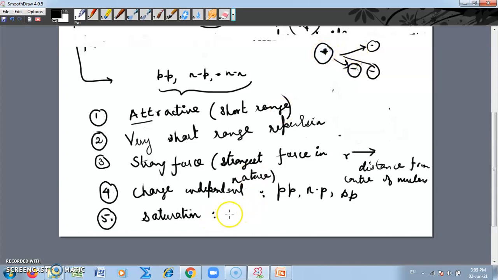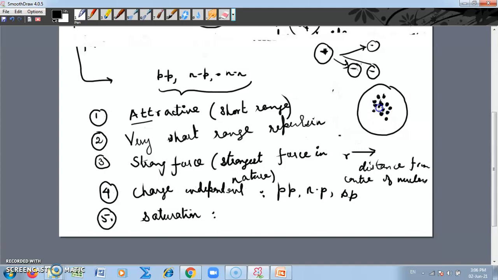But saturation is such a thing that inside a nucleus, if I have a large number of protons, this is one, this is another, and so on, these are a large number of protons that I am showing.